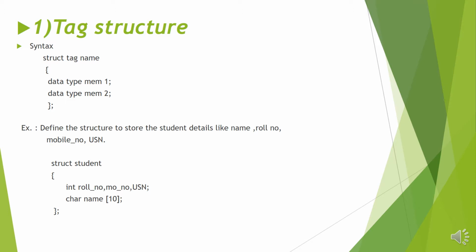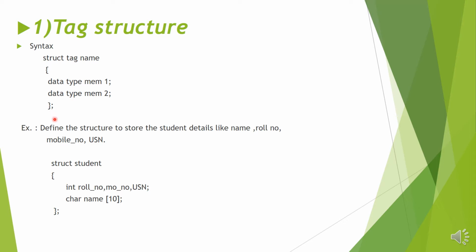The syntax says we have to start with the keyword struct, then a tag name which is the name of the structure, then opening bracket, then the set of variables to be declared using the syntax data type and the variable name. The data type can be anything: integer, float, character. You can combine dissimilar data types here. Then it has to be closed with bracket and semicolon.